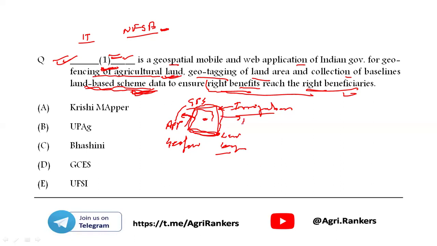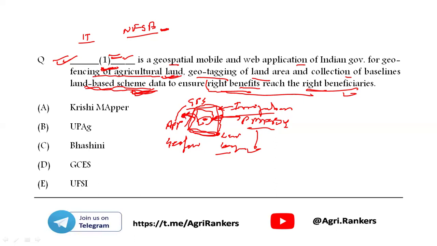Similarly, Pradhan Fasal Bima Yojana. Here also you must possess land. You must cultivate the land, then only you are going to get benefit. The official will ask you whether you are taking these benefits or not, and there are many other schemes like that. After taking the input, he will feed all those inputs in the app.